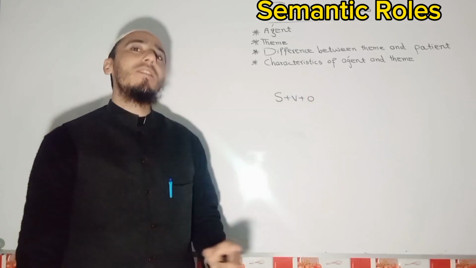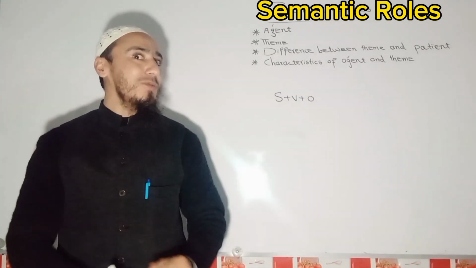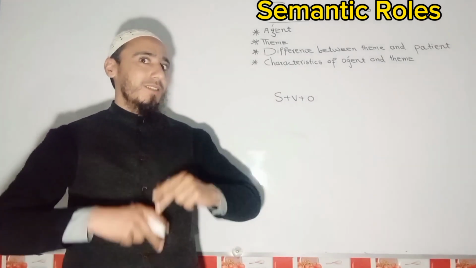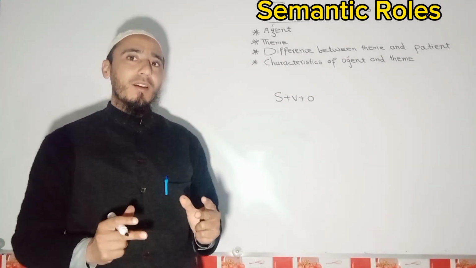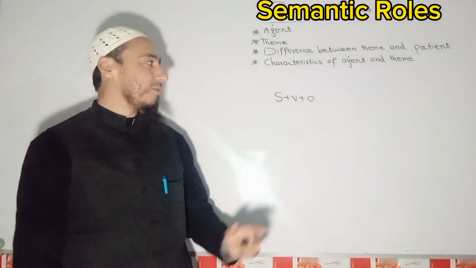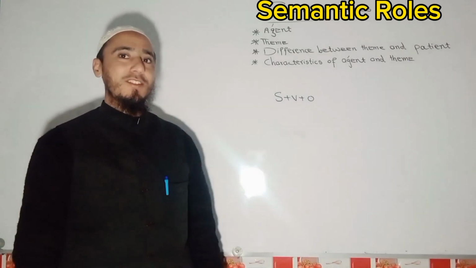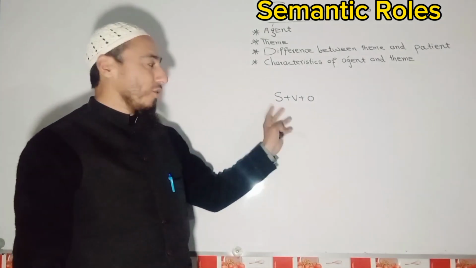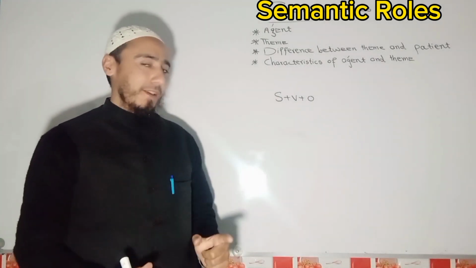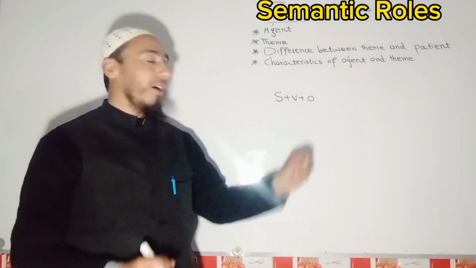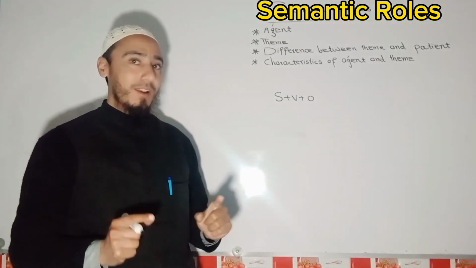And when we are talking about object, object is the receiver of the action. It is someone or something which is affected by the action which is performed by the subject. So subject plays its own role, verb also plays its own role and object also plays its own role.